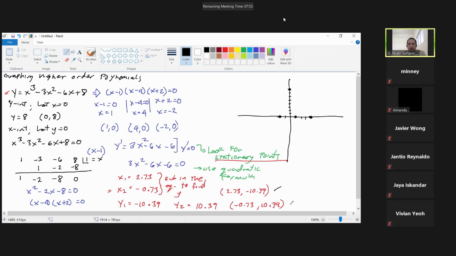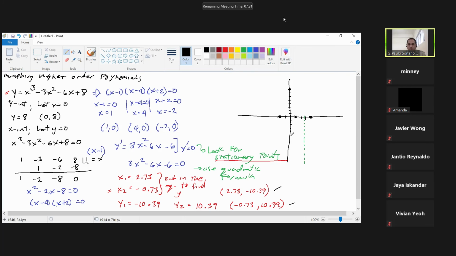However, we went directly to the turning point at 2.73, somewhere near here. It is now negative 10.39, so it goes down. Okay, that's good. I'm just using that as a marker.